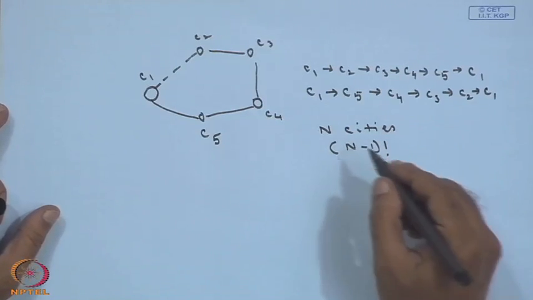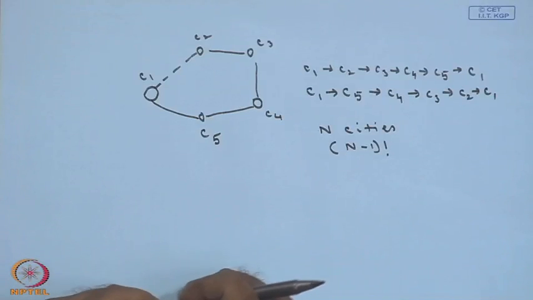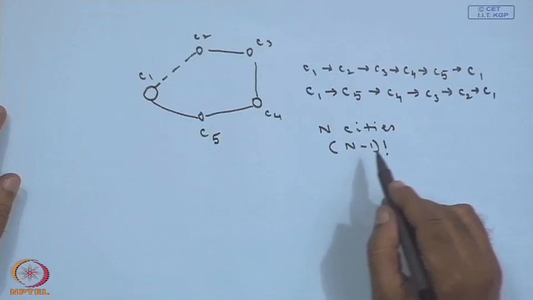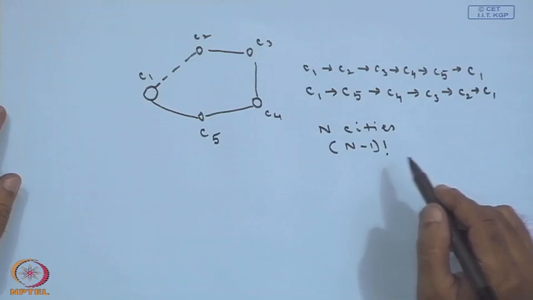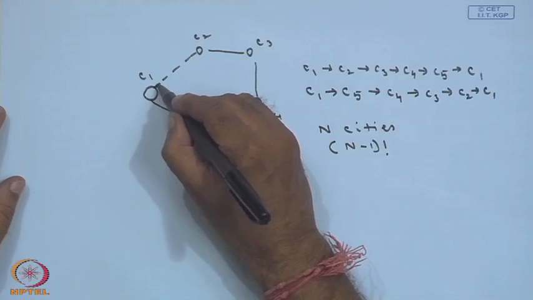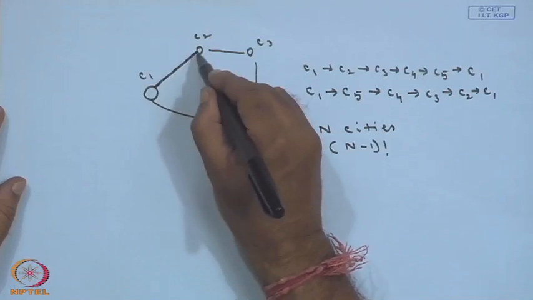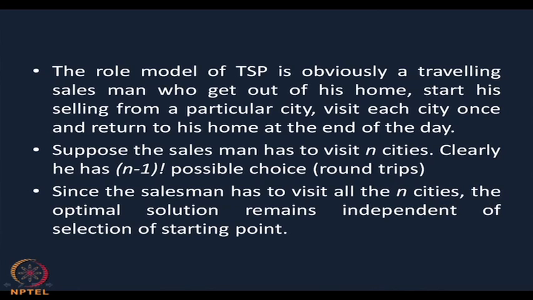So, you can understand if the number of cities is more, then what would be the complexity of finding all these paths, because from these paths we have to find out the optimum path, that is the path which will take the minimum time. As I was telling you, this is basically the distance to cover from C1 to C2. It may be distance, it may be time, whatever it may be.